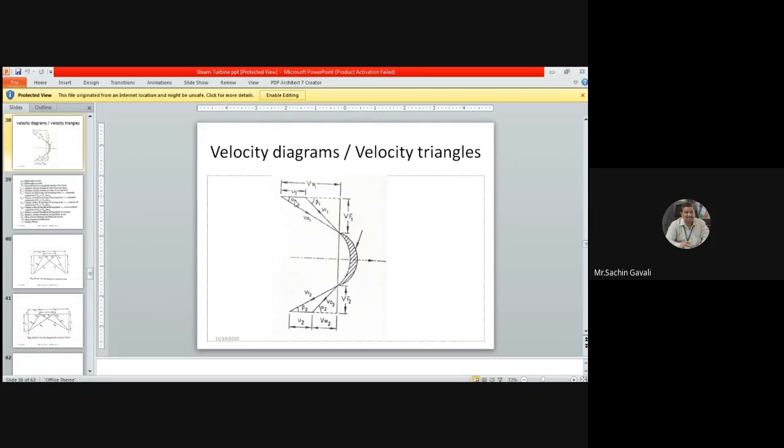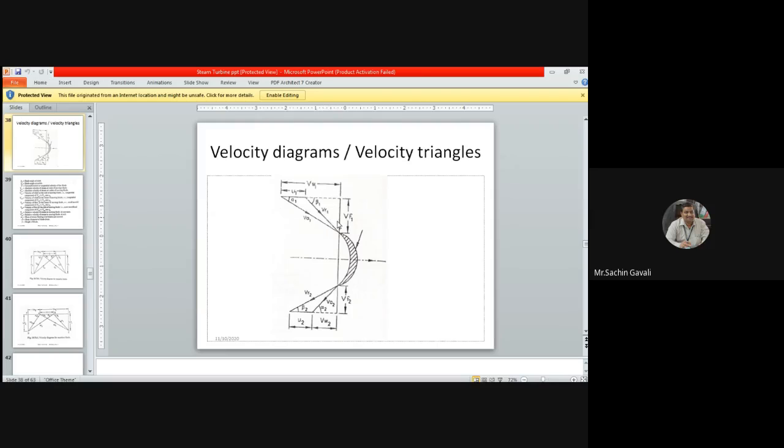Whatever the difference between their speeds is called the relative velocity.